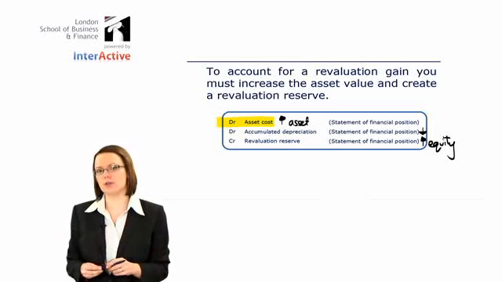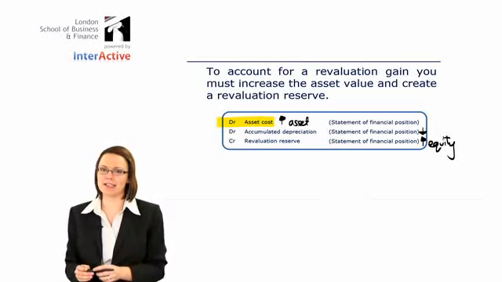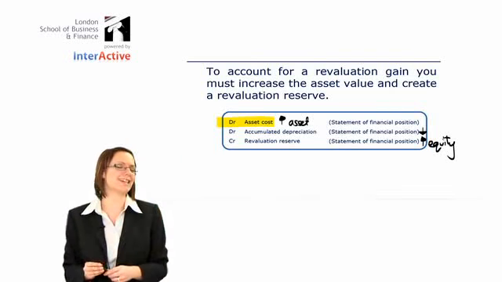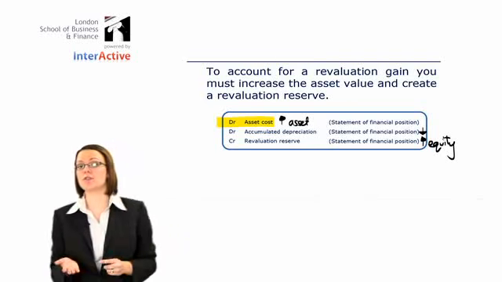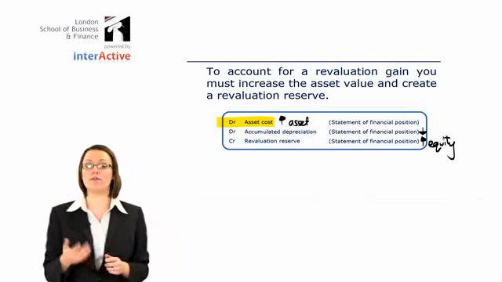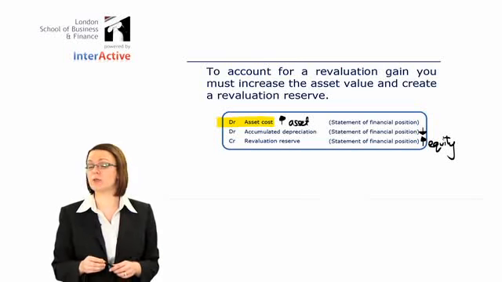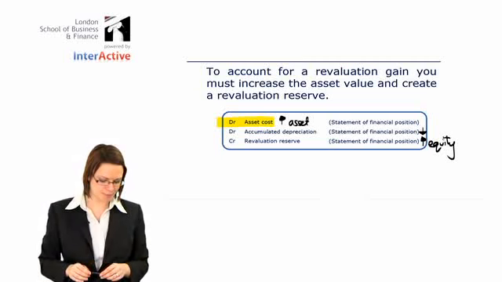It benefits the owners, but it is not real income yet. It will only be real income once we've disposed of that asset. Now, if you're comparing the valuation of 30 to its carrying value of 2, then obviously the credit to the revaluation reserve would be 28, and the double entry would indeed work.